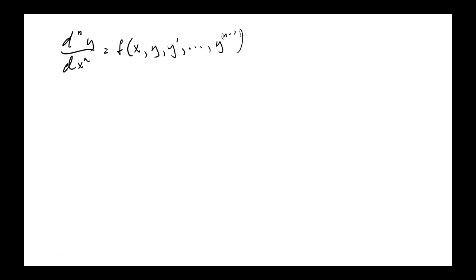Now, take a look at this. How many variables do you have here? 1, 2, 3. Now notice this is the third variable, but it's just the first derivative. So the n minus first derivative would be, okay, add 2 to the number of derivatives here, and you get which variable it is.